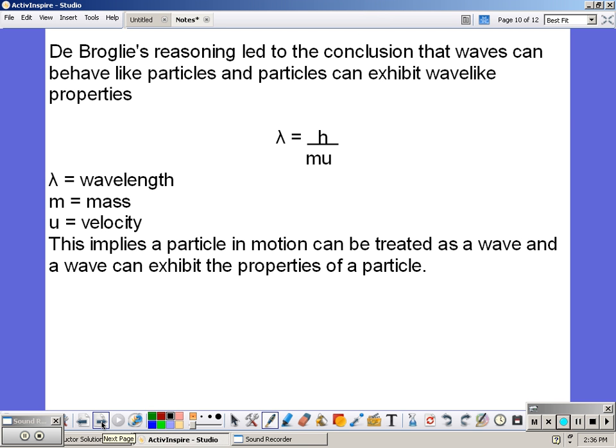So our equation then is lambda equals h over mass times velocity. So there's that funny looking u again. This implies a particle in motion can be treated as a wave, and a wave exhibits properties of a particle. So you have a duality there. Duality acts like two things.